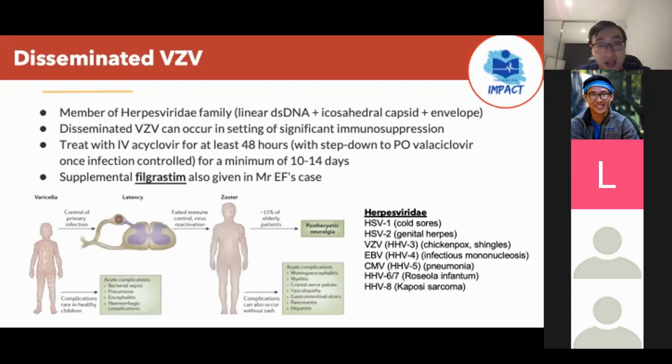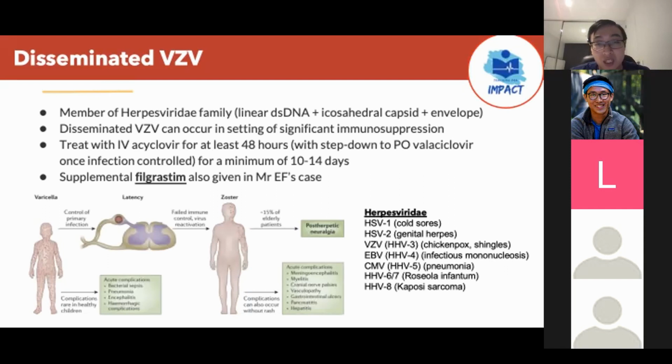But as I was saying, in the context of significant immunosuppression, when VZV reactivates, it can undergo cutaneous dissemination. So it isn't restricted just to that particular dermatome, it goes everywhere. And classically, we see disseminated VZV in patients who have undergone an allogeneic bone marrow transplant or in organ transplant recipients.